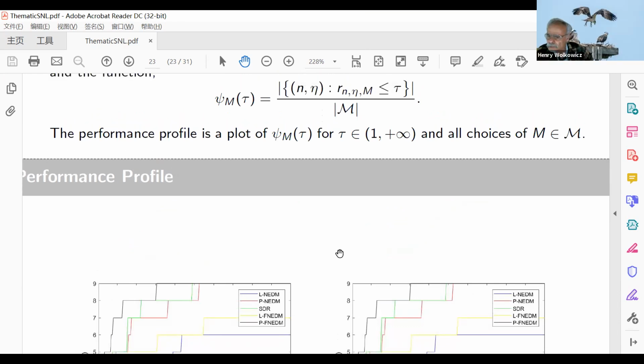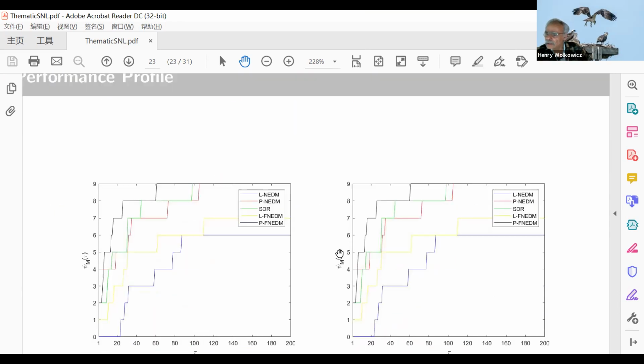The green one, the SDR, was when all of them were fixed, and it did actually quite well.